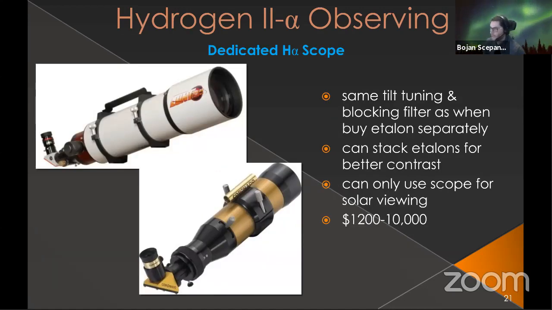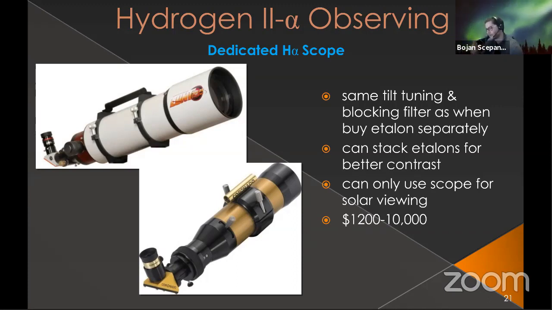Most of us actually, however, also have dedicated Hydrogen-alpha scopes. So this is sort of the Ferraris of the telescope world, if you'd like. These telescopes have been designed from the ground up to just look at the sun and just look at that one spectrum of light on the sun in Hydrogen-alpha.